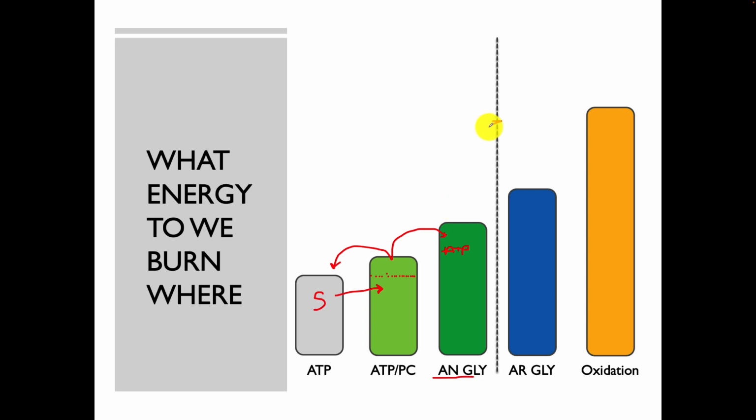Now, why do you have this line here, you're asking? Well, because this is the threshold of where we switch from anaerobic energy production to aerobic energy production. If you look at the size of these bars, aerobic energy production is much more robust. We can get more ATP resynthesis through these aerobic systems.